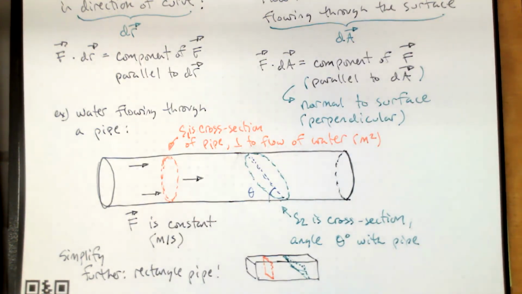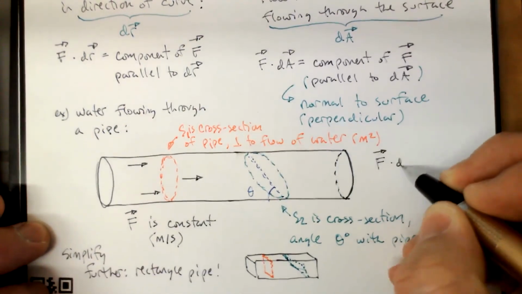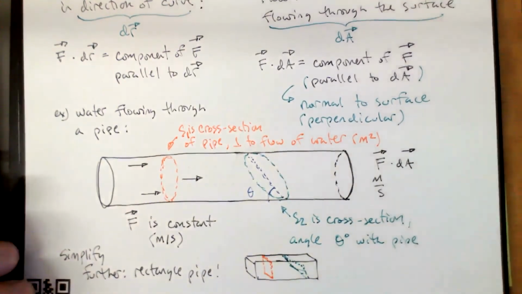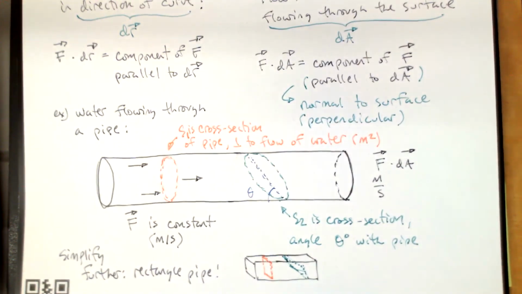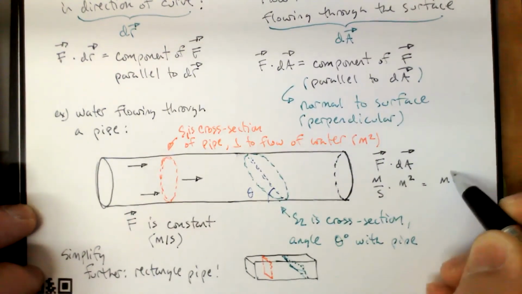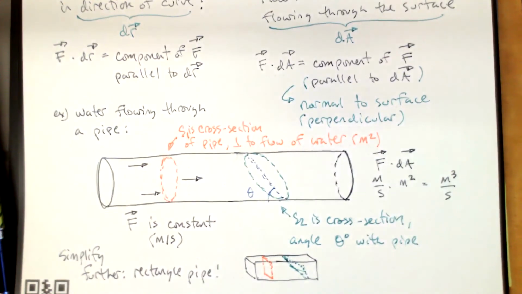If I multiply these two, the meters per second of the vector field and the square meters of the area, we'll get cubic meters per second.